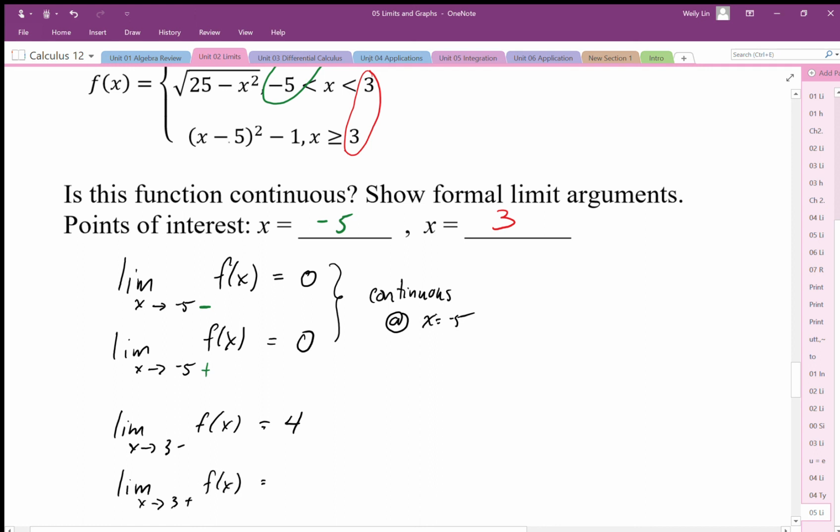When I plug 3 into this equation, I get 3 minus 5 squared. 3 minus 5 is -2, squared is 4. Minus 1 is equal to 3. Because these are not equivalent, we can say that it must be discontinuous at x equals 3.